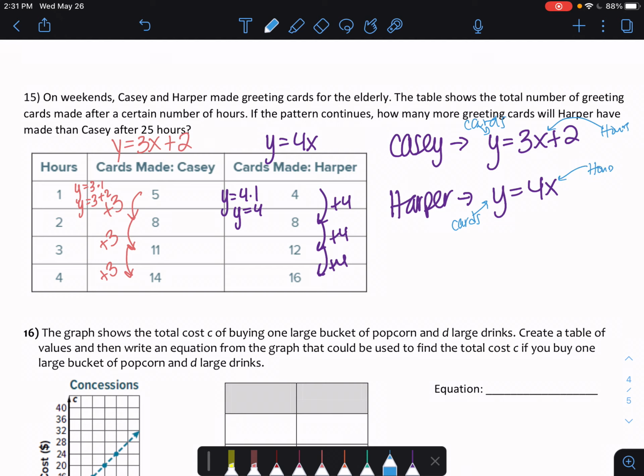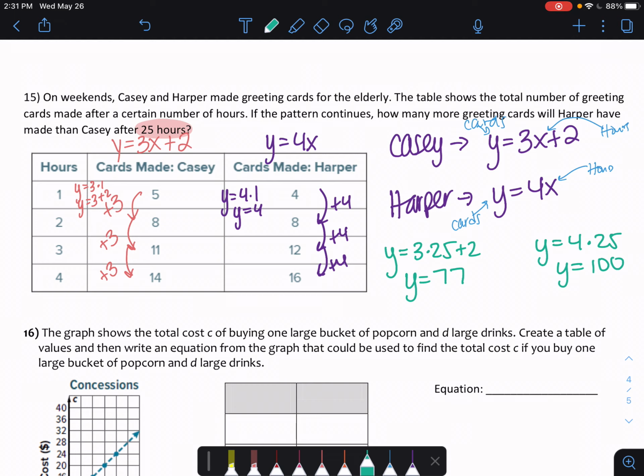So when it says, how many more greeting cards will Harper have made than Casey after 25 hours? That means that I'm putting that value in for x. So y equals 3 times 25 plus 2, and y equals 4 times 25. So here y equals 77, and here y equals 100.